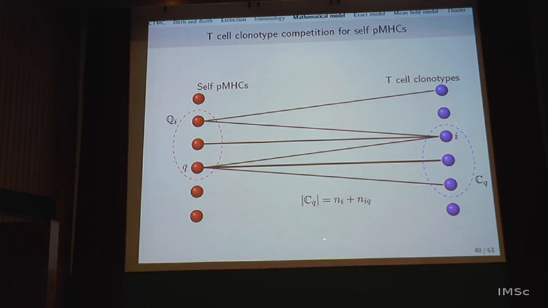So for this peptide, the competitors will be all the cells in clonotype I, but also all these other cells that I am not going to specify in greater detail, but they are cells that compete with I and can see Q.